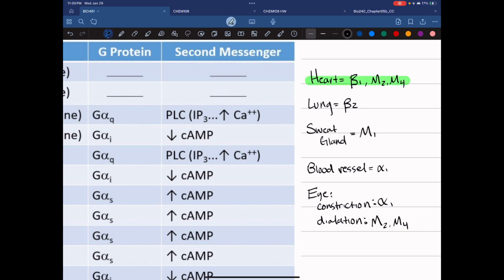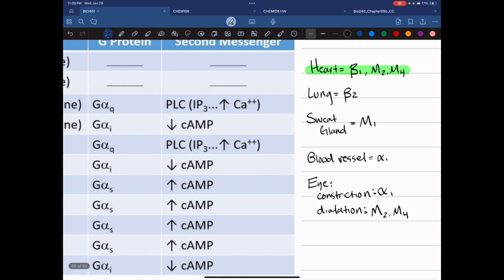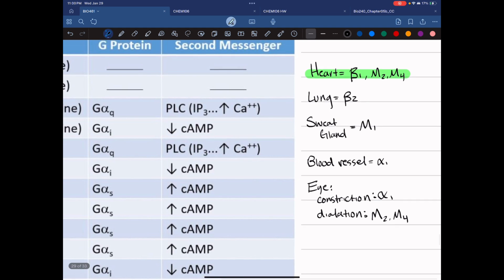For lungs, beta 2 receptor, that is an inhibitory, and so that's really important for our ability to breathe properly. And so the parasympathetic nervous system is going to want to constrict that, and we'll use M1, M3, and M5 because these are odd numbers, and that we know means to excite.